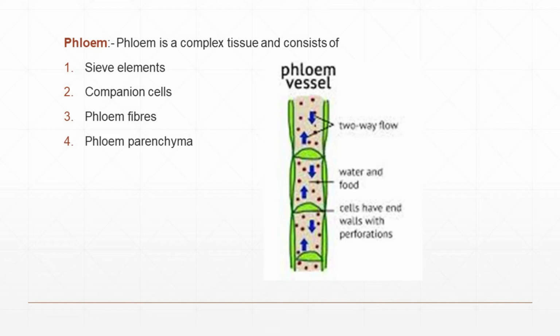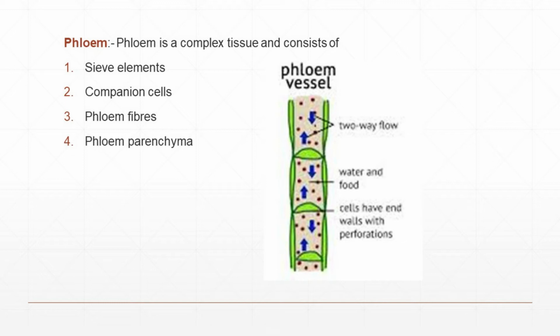Sieve elements. The conducting elements of phloem are collectively called sieve elements. Companion cells. These are elongated cells attached to the lateral wall of the sieve tubes. Next one is phloem parenchyma.